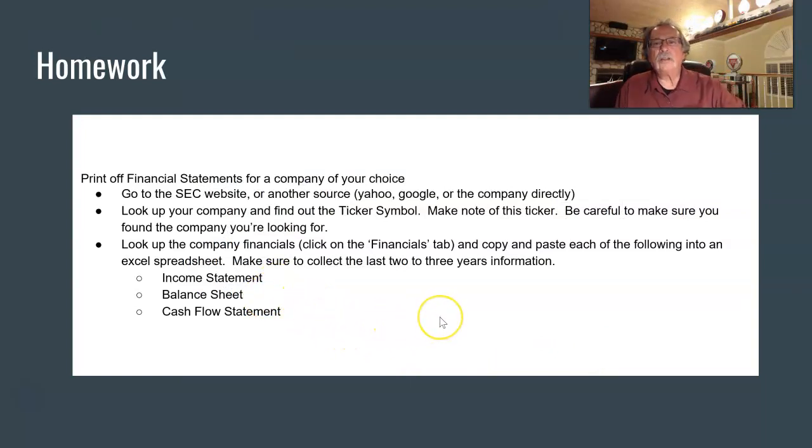So part of the homework assignment, and I'm actually going to put this on Canvas as an explicit homework assignment, is I want you to print off the financial statements for the company of your choice.